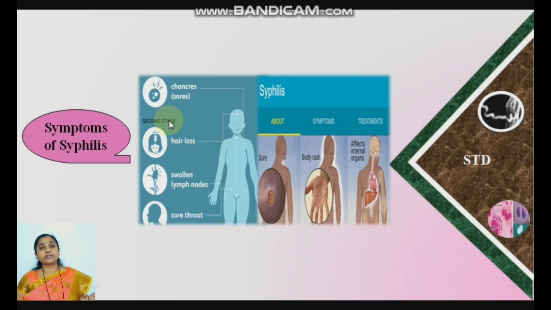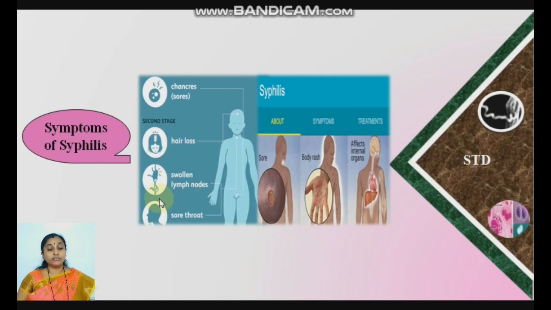There are 3 stages. This disease occurs in 3 stages: primary stage, second stage and third stage. In the second stage, what happens? Hair loss starts. Swollen lymph nodes: the lymph nodes are present in the armpits, the neck region and the groin region. These lymph nodes are part of the circulatory system. We will study them in the circulation topic.